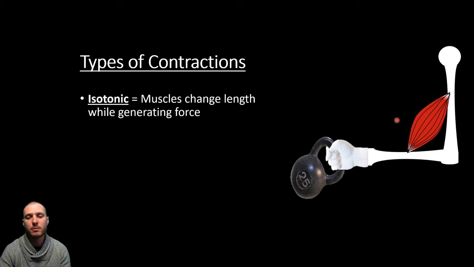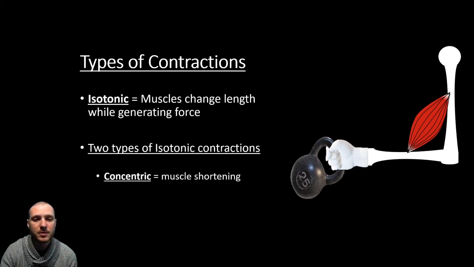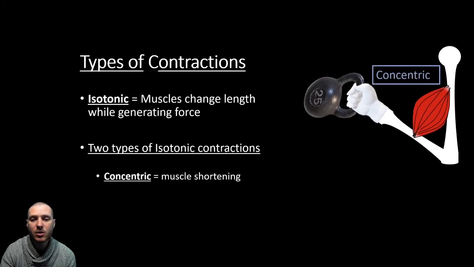So as the joint moves up and down, the tone is going to remain the same, meaning it's generating force. And this can be broken up into two main descriptions. When we talk about a concentric contraction, it means the muscle's shortening. So in the case of the elbow, when that biceps contracts, it's called a concentric contraction because we're shortening the distance between the joint and we're making the muscle fibers contract smaller.